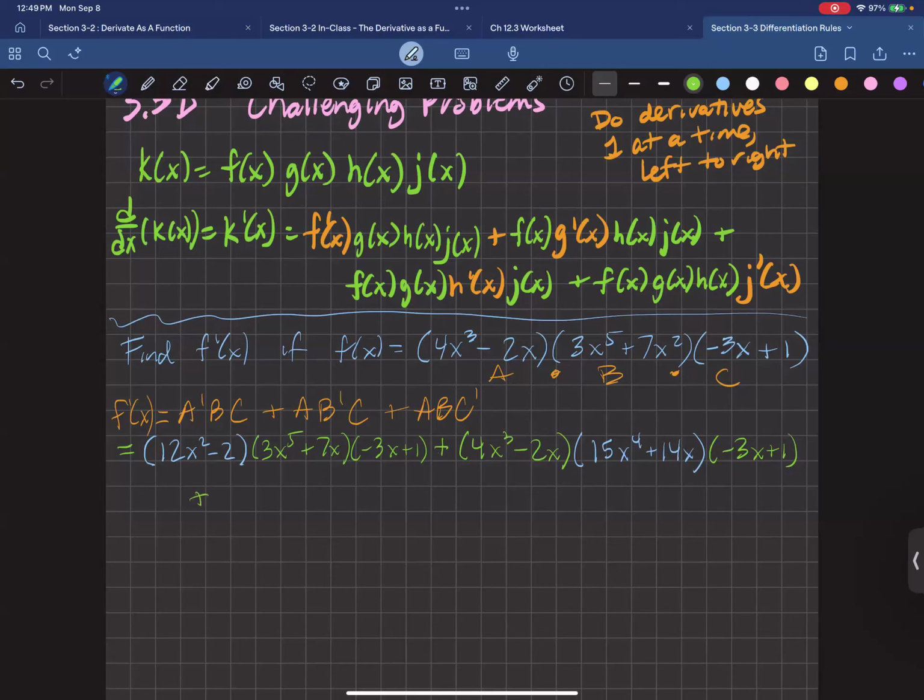And then finally, we leave the first two alone. 4x cubed minus 2x, 3x to the fifth plus 7x squared. And we just take the derivative of the third one, which is -3 plus 0. That is the derivative.